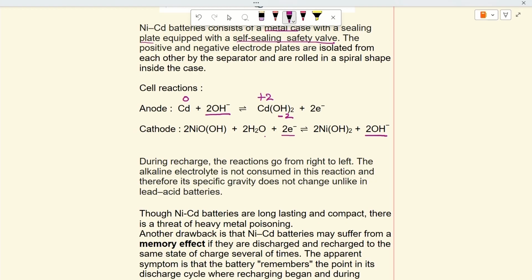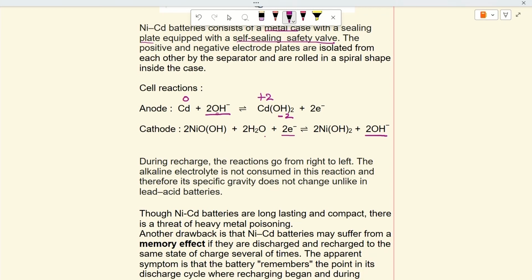An important point to be noted in this is, there is no consumption of electrolyte during the complete overall reaction of the cell. At anode, the hydroxyl ions are consumed, the same amount of hydroxyl ions are released during the cathodic reaction.